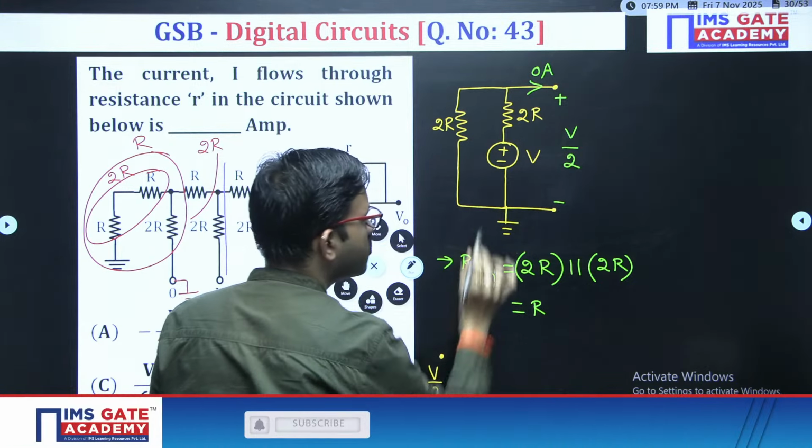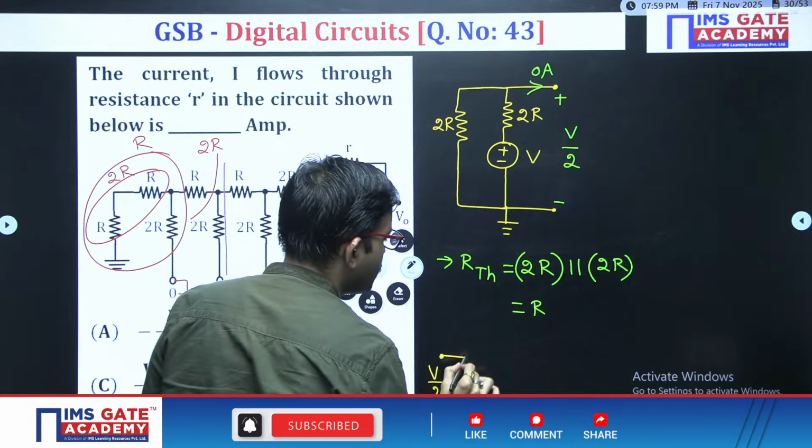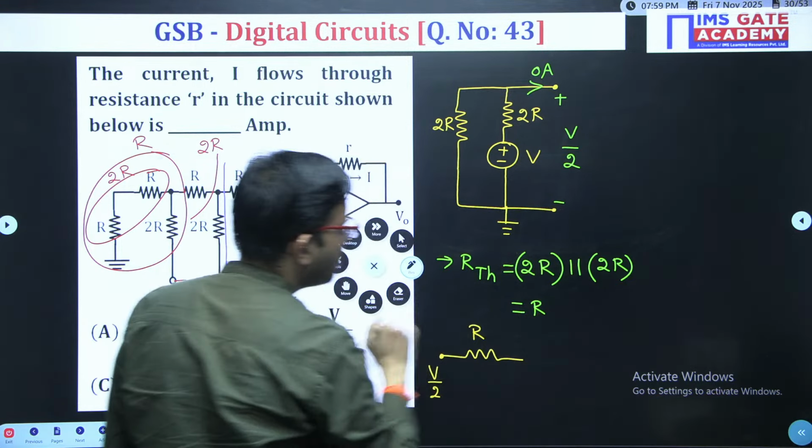Instead of drawing the voltage source symbol, I have labeled the voltage value V by 2, in series with R.